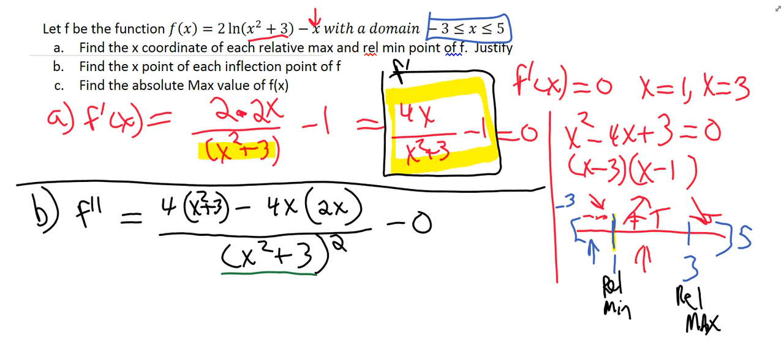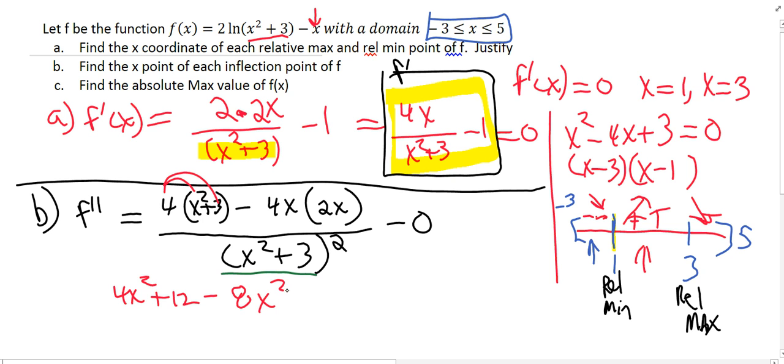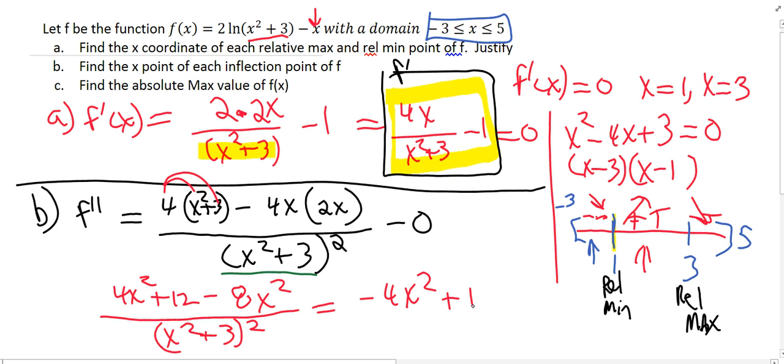So let's go ahead and we can factor or distribute that to get 4x squared plus 12, and we would get minus 8x squared all over x squared plus 3 squared. And we end up with a negative 4x squared on top plus 12, and on the bottom we have x squared plus 3 squared.